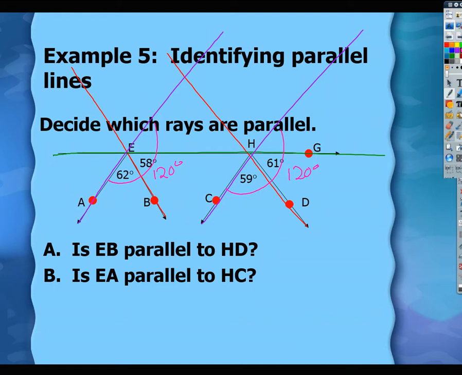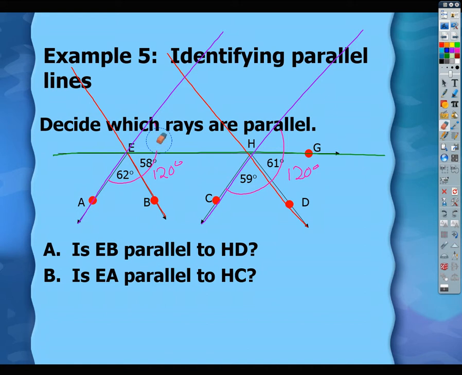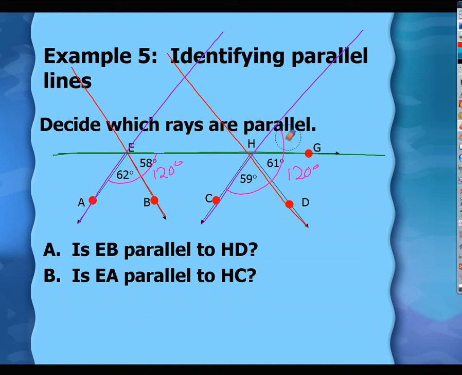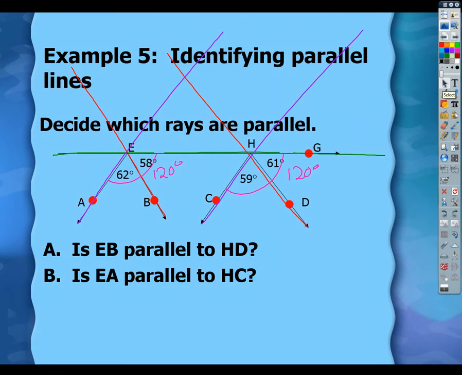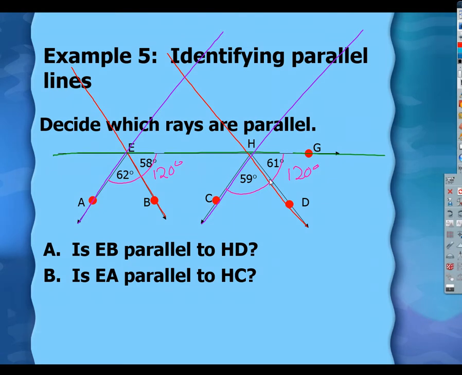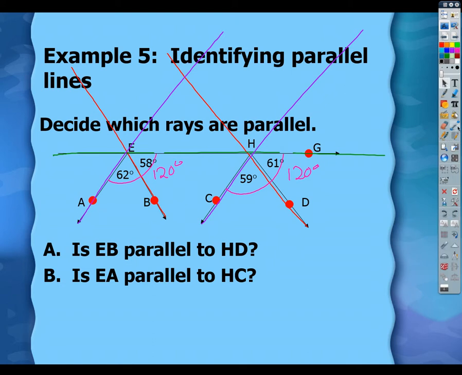Let me fix that. There, how's that? So this pink angle and this pink angle would overlap completely, wouldn't they? Perfectly. So they are corresponding angles and they are congruent. And so then we know that the purple ones are parallel, right? Make sense? Okay.